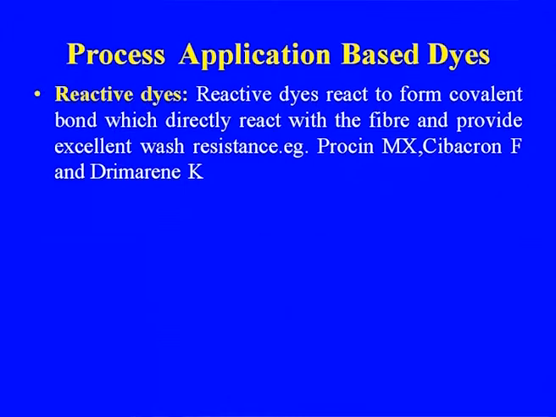These are some of the reactive dyes, and as I told you, in the case of all the dyes, the fastness of the color is very important, especially wash resistance, because you must have observed that when you have cotton fabric, the color fading is more than in your synthetic fibers.